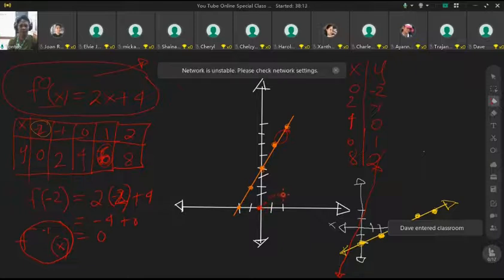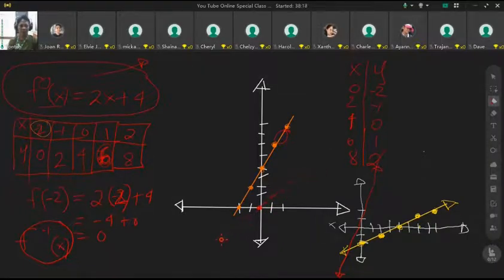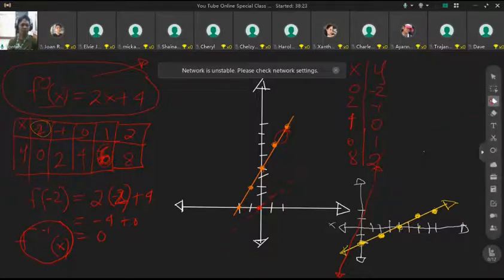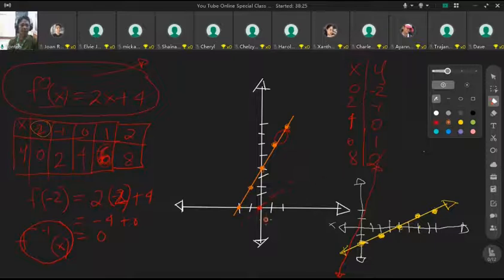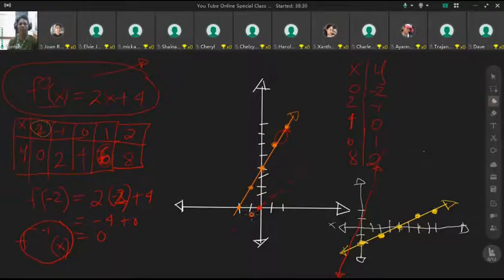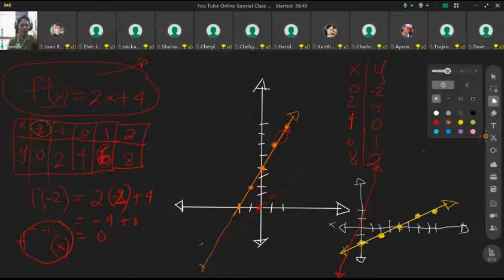So, andito ang axis of symmetry. Sabi ko kanina na parang salamin. Pag i-extend mo ito, actually may arrow yan dito both sides. Ibig sabihin yan, extended up to infinity. Then, the inverse of this is found here.